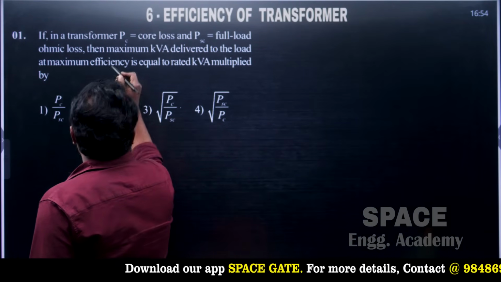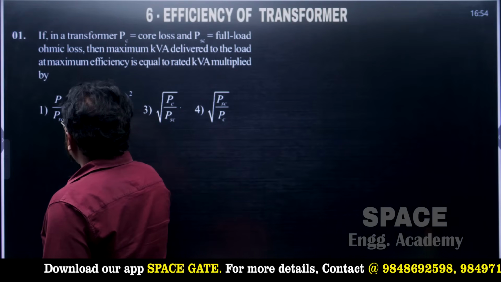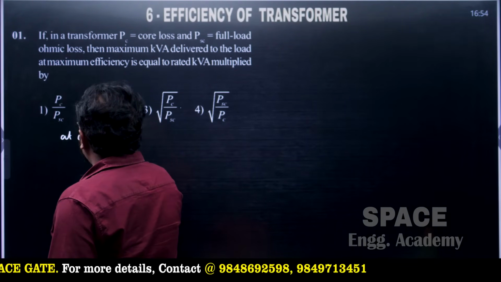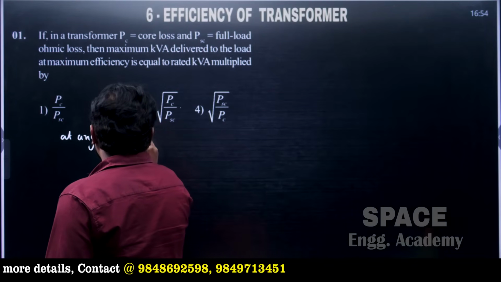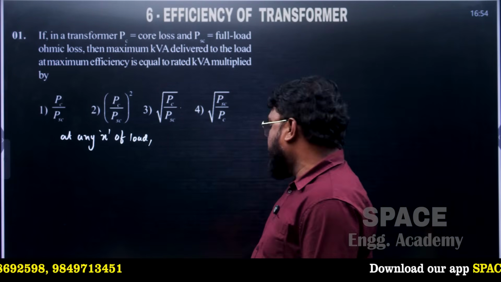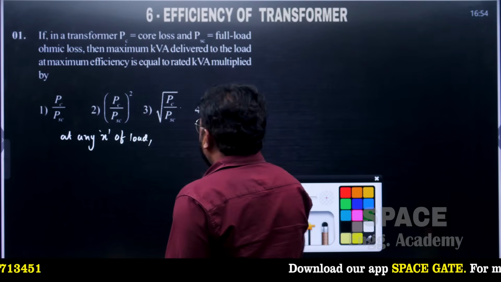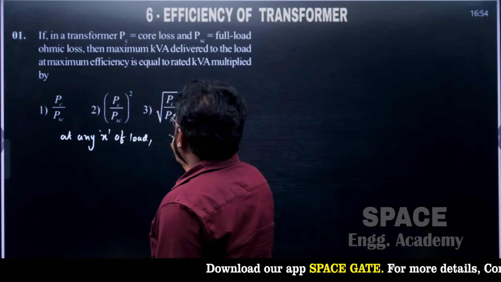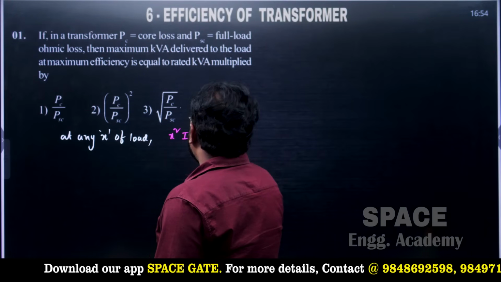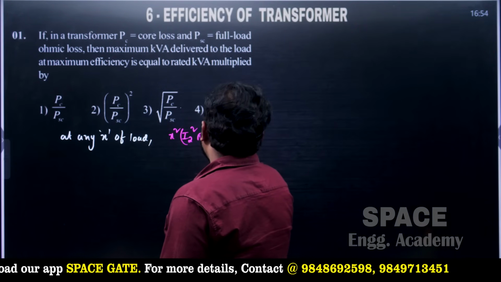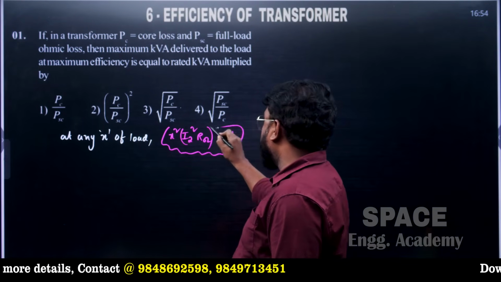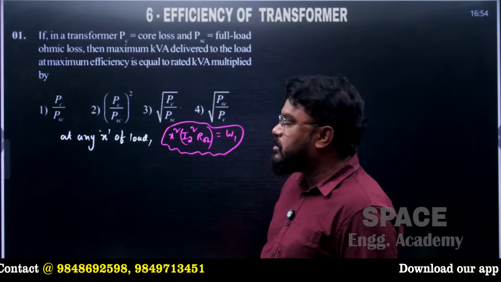Let us assume that at any x of the load, what is the condition to get the maximum efficiency? The condition is that copper losses, x square I2 square R02, are equal to iron losses. This is the condition to get the maximum efficiency of the transformer.